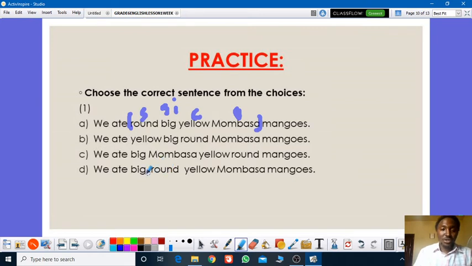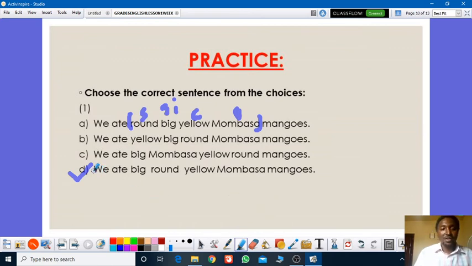And now because we don't have age, the next one should be round, which is the shape. So the answer is clearly coming very bright. You can see it. And then it is followed by color. Then the last one should be origin, because it comes last in the order of adjectives.